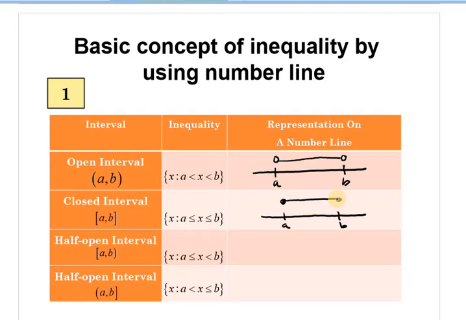Alright, and then we have half open interval. Half open interval means either the least or the highest value is included, either one. Let's take a look at the first half open interval, A to B, where A is included but not B. So how to portray it into inequality form? x is greater than or equal to A, where A is included, and less than B, where B is not included.